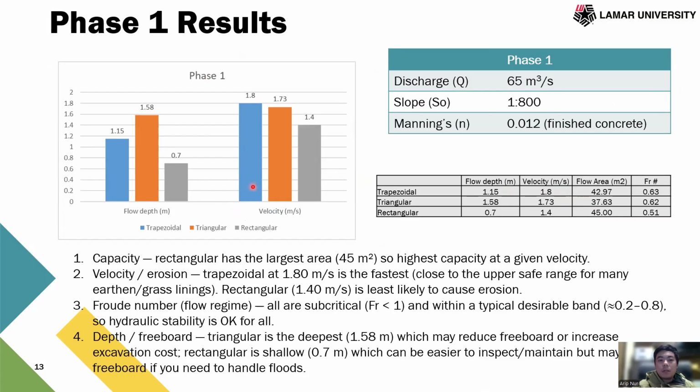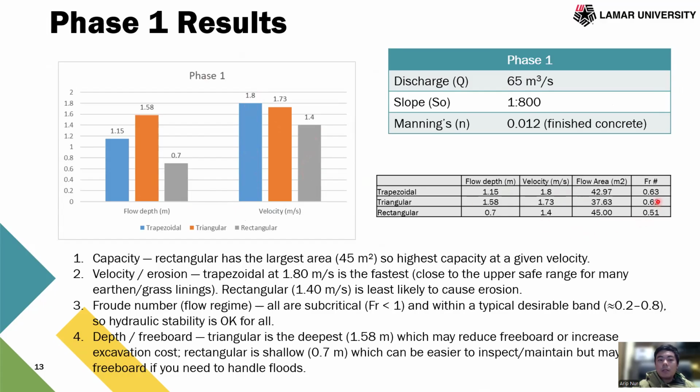And for velocity, the trapezoidal is the fastest with 1.8 meters per second, while the rectangular has the slowest velocity with 1.4 meters per second. And therefore, the rectangular shape is the least likely to cause erosion.